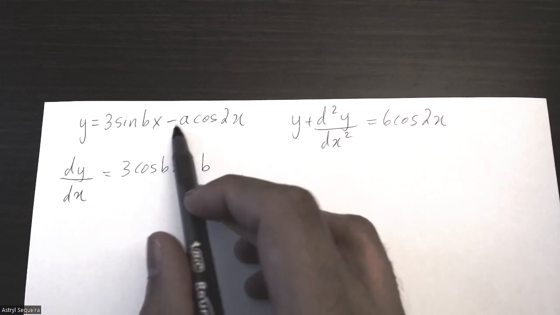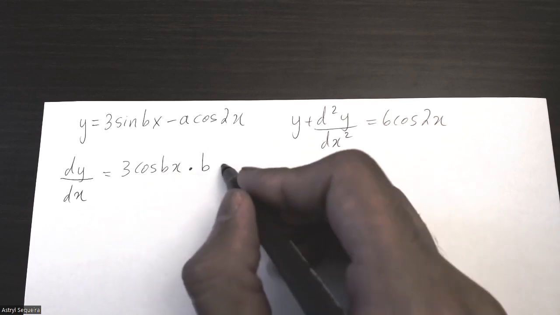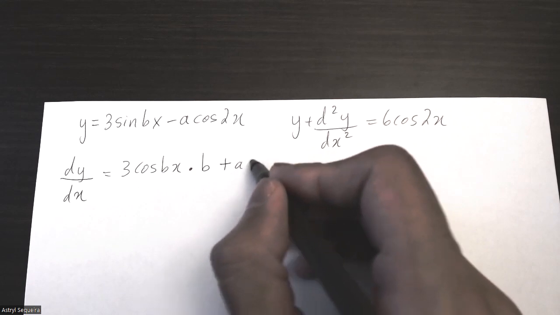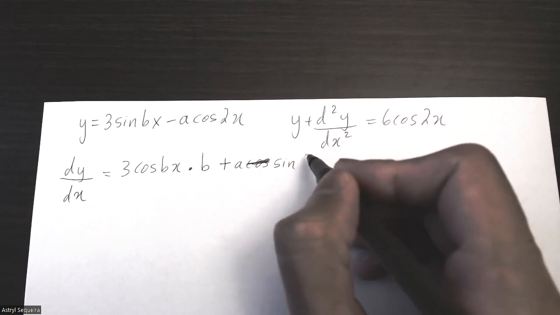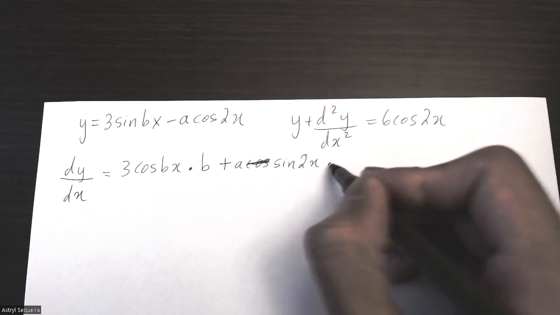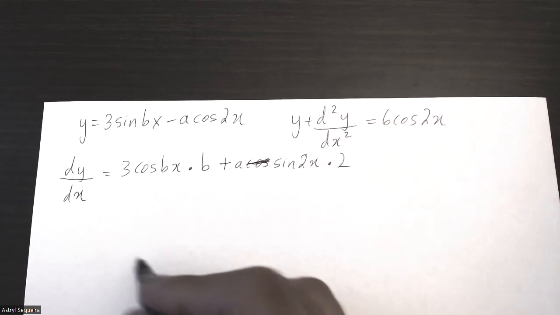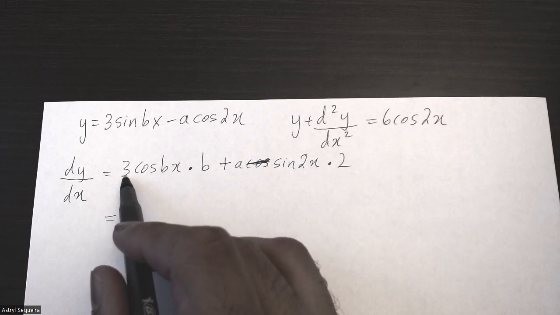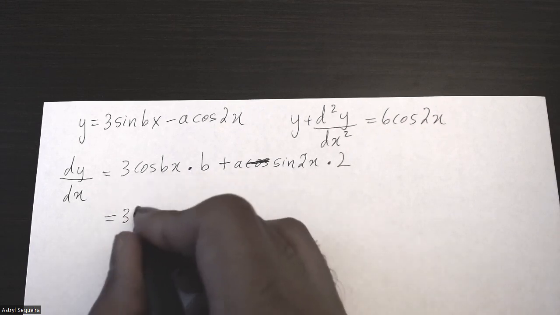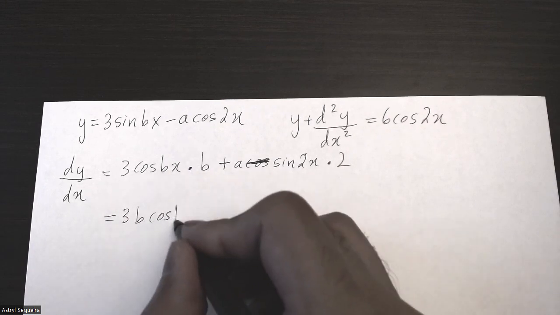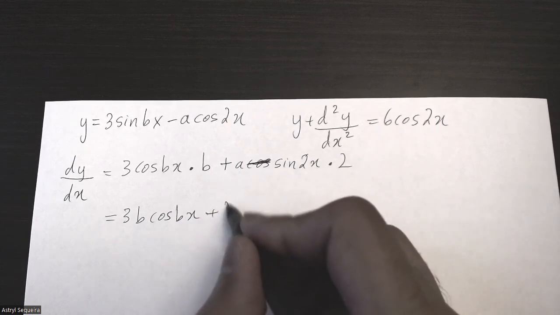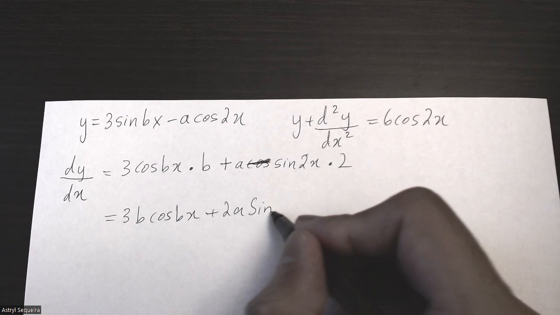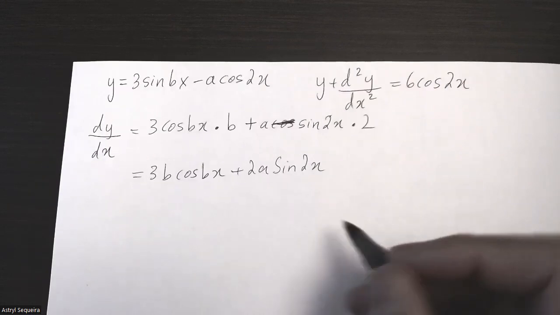And then the derivative of negative a cos 2x is going to become plus a sine 2x times the derivative of the inside, which is just 2. I can simplify this a bit. 3 times b is 3b cos bx, and then a times 2 is 2a sine 2x.